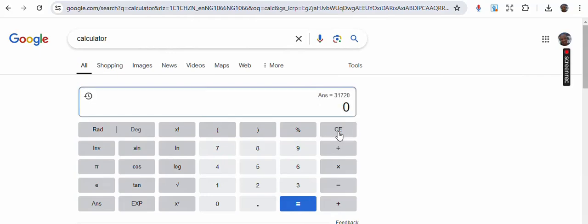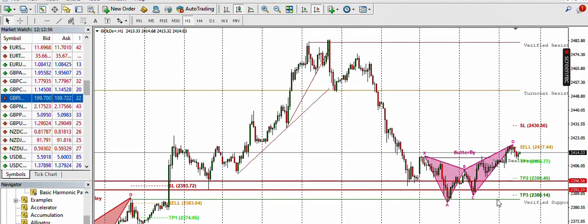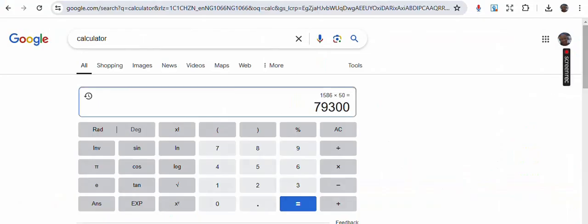I wanted to do that for 50 pips. 1586 times 50 pips in the market will be giving you 79,300 naira. That is what you make from this distance to this distance on a 0.01 lot size.